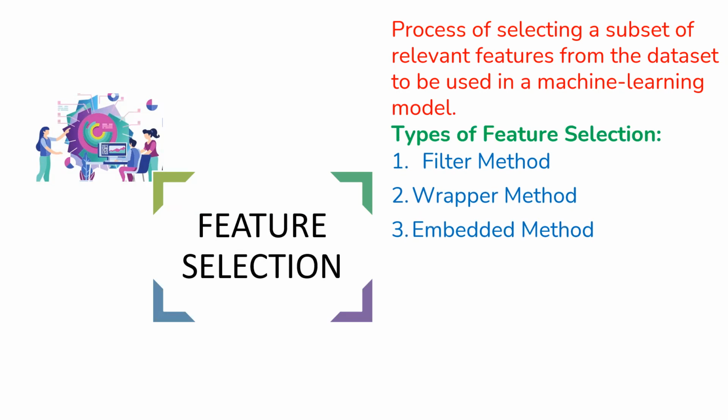In the wrapper method, the feature subset which results in the best performance will be selected. And in the embedded method, feature selection is done as part of the training process of the machine learning algorithm. This is the fourth step in feature engineering.